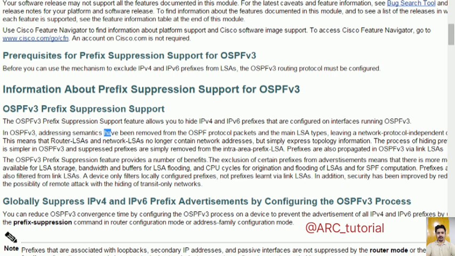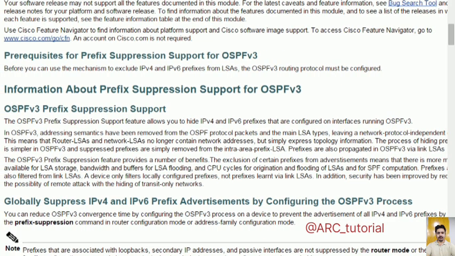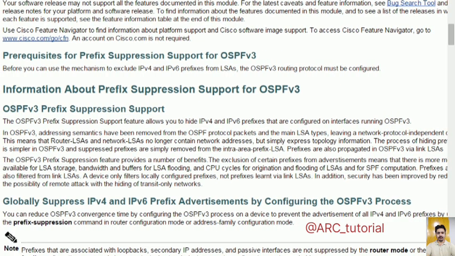In OSPF version 3, addressing semantics have been removed from the OSPF protocol packets and the main LSA types, leaving a network protocol independent core. This means that router LSA and network LSA no longer contain network addresses but simply express topology information. So your neighbor will know the topology information, but you are not expressing your prefix information.